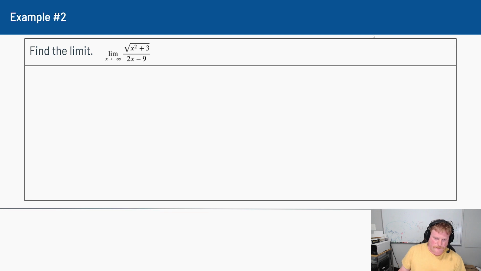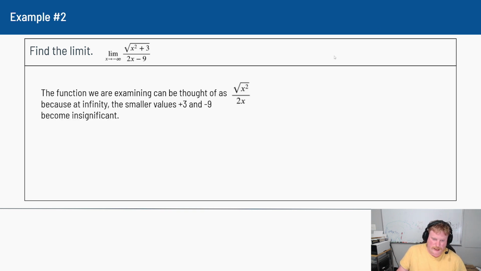So consider the fact that at infinity or even negative infinity, the plus 3 and minus 9 have very little impact. They become rather insignificant, as x is the value that's growing to infinity. So we can think of this function as really just the square root of x squared over 2x.